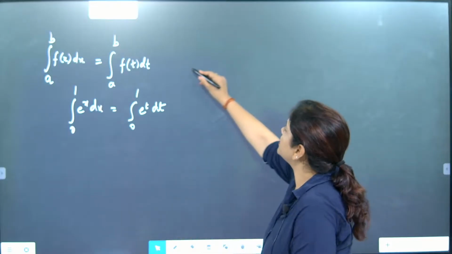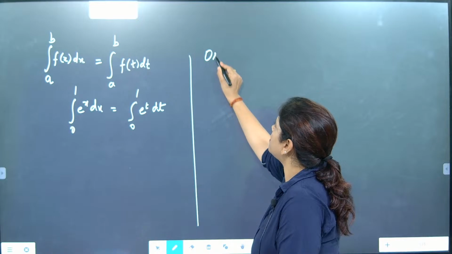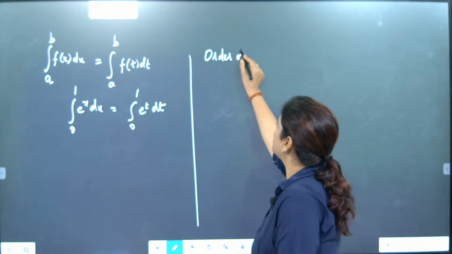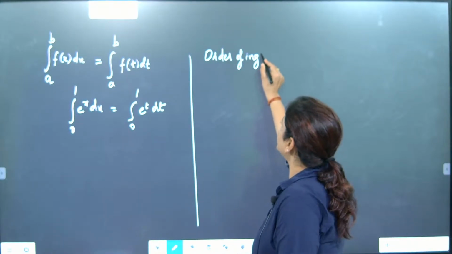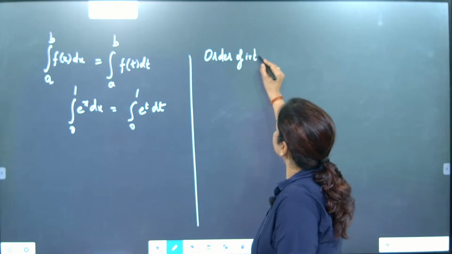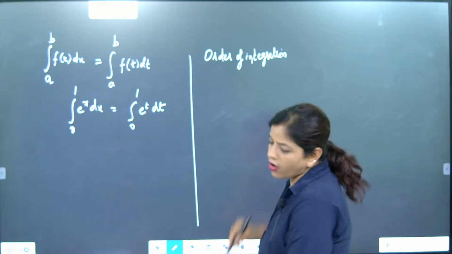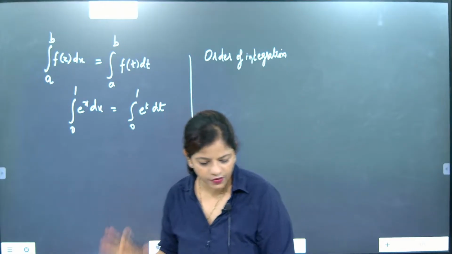The second rule is order of integration. In order of integration, you need to understand one thing here.